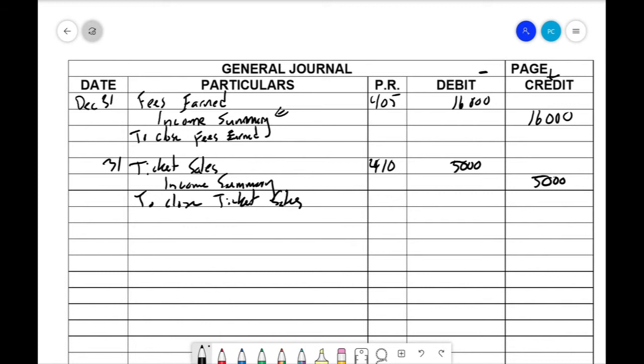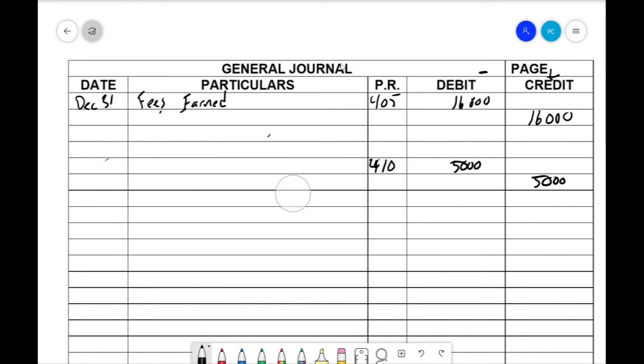While you get used to it, I'm going to erase this to show how you can combine entries. So fees earned and ticket sales closed at the same time.